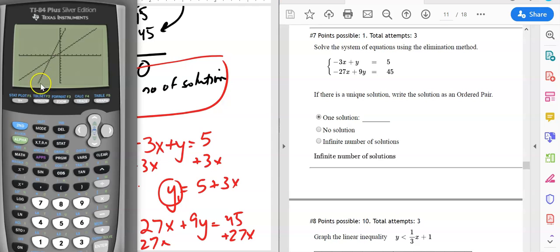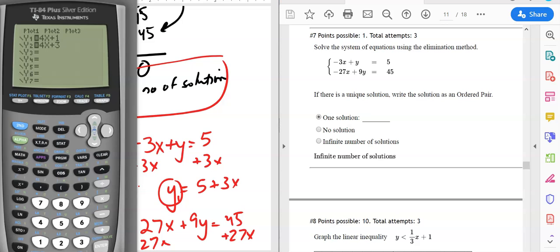So if you clearly have an intersection, you can say second trace 5, and then say enter, enter, enter, and it will give you the intersection. So in our case, it's negative 2.5, negative 1.5. This is just a problem I made up. It's not in the practice test, okay?